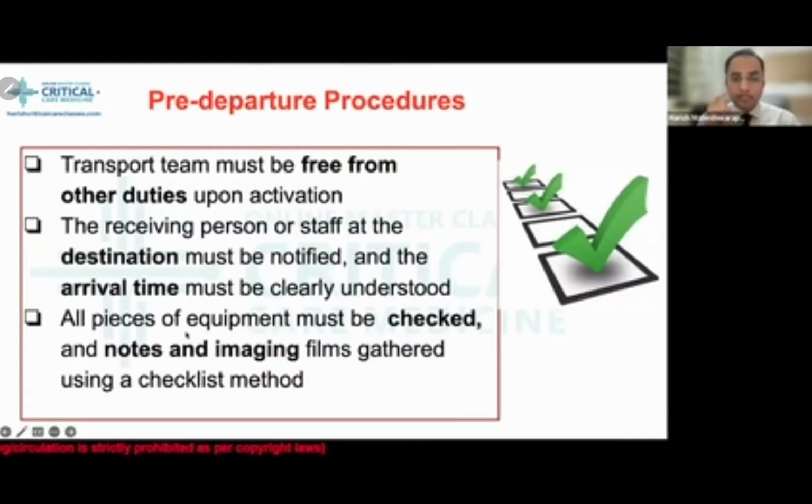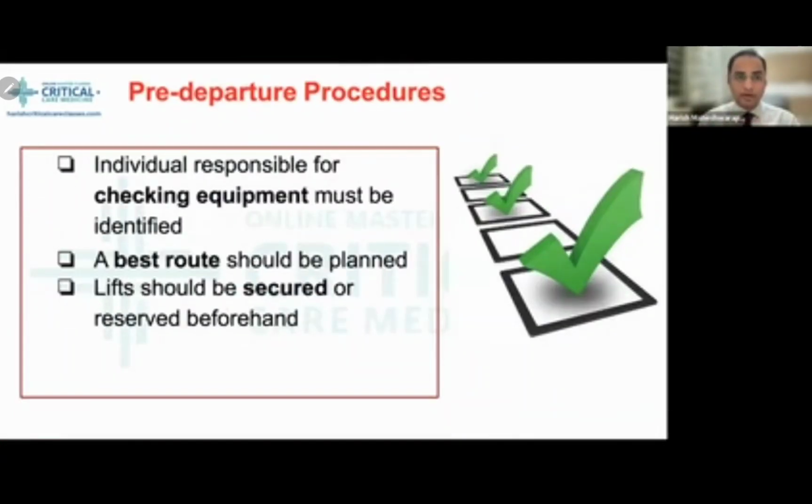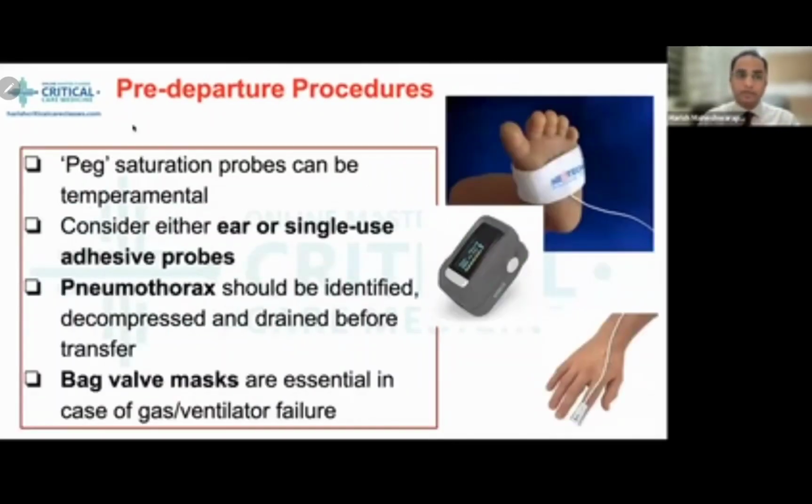All pieces of equipment must be checked, and notes and imaging films gathered from the referring center using a checklist method. The individual responsible for checking equipment must be identified. So this is person A, who checks all the items on the checklist. The best route should be planned. Lifts should be secured or reserved beforehand when we consider transferring a sicker patient.